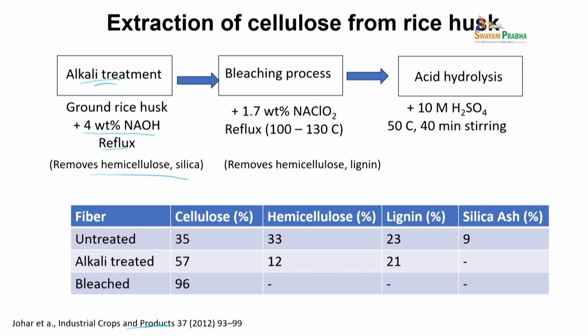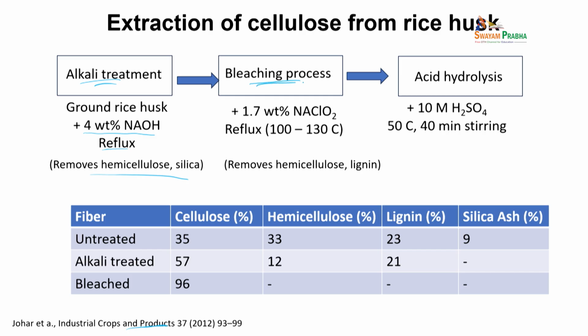And why do we want to grind them into powder? There is more surface area per unit volume, so the reaction can get completed, so you have better conversion or better removal of hemicellulose and lignin. So this is followed by a bleaching process. For the bleaching process, sodium chlorate is used, under reflux conditions at about 100 to 130 degrees Celsius.